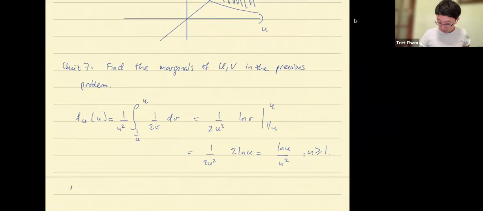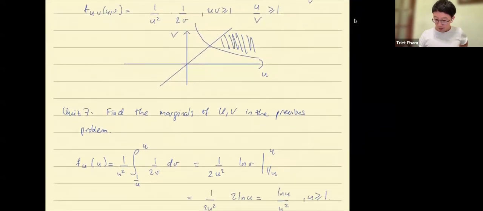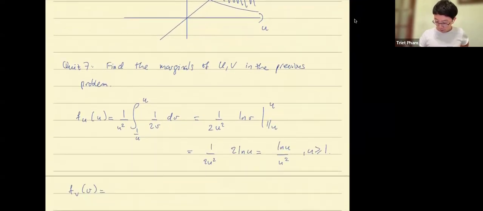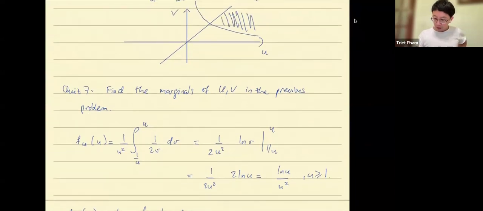What about the density of V? The density of V will be integrating out the U part, so 1 over 2V times the integral over U. Where does U go from and to?